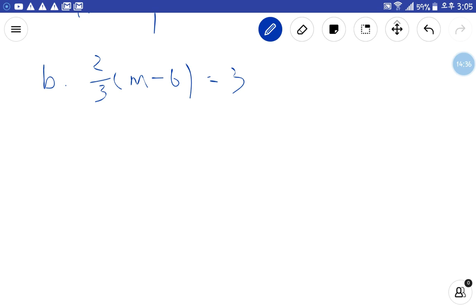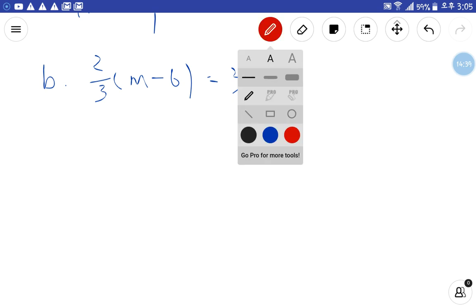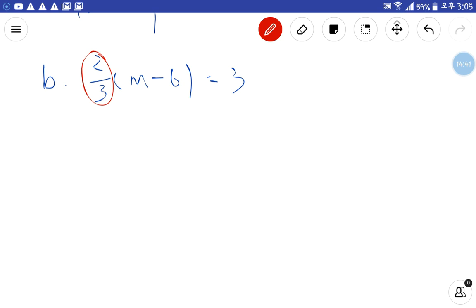Totally up to you. But I think generally we're going to multiply 2/3 into the m and 6, so I will follow that way. So 2 over 3 times m, 2 over 3m. And then minus 2 over 3 times 6. That's the same as 3.